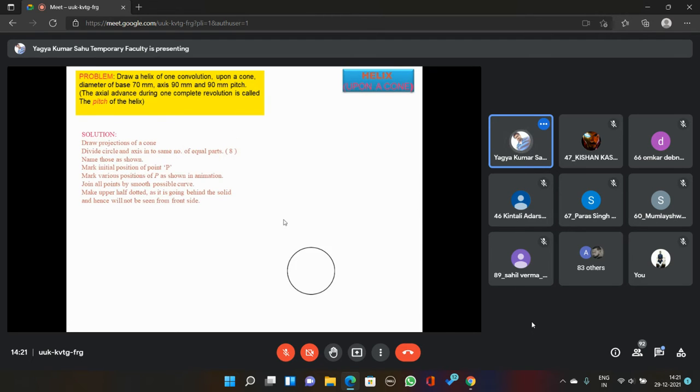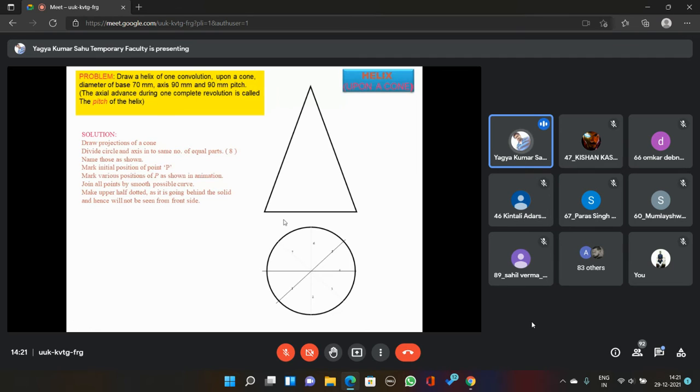First of all, draw the front view and top view. In the front view you get an isosceles triangle, and in the top view a circle of given diameter. Now divide that circle into 8 or 12 equal parts.